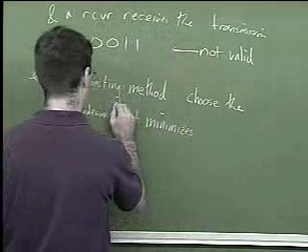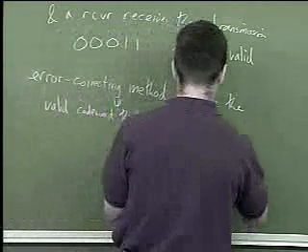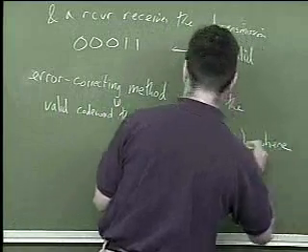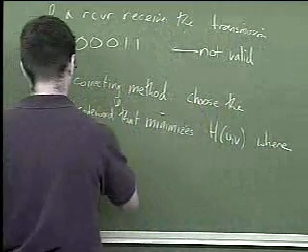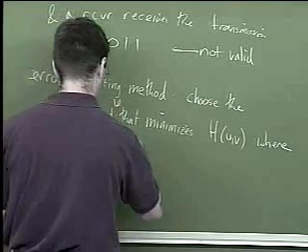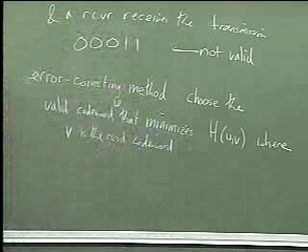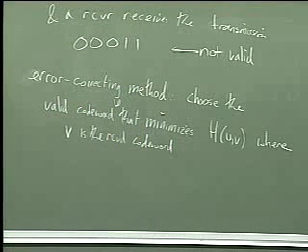Choose the valid code word U that minimizes H of U, V, where V is the received code word. Right, and of course, if you receive a valid code word, you don't flip any bits because the Hamming distance is 0. You just choose that code word itself. Right?